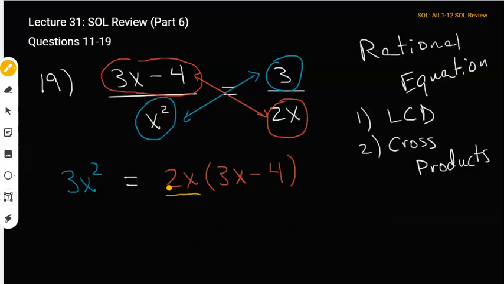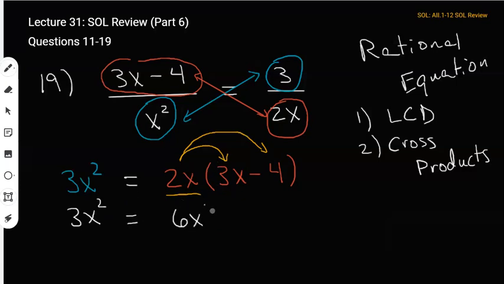What am I going to do with this 2x? I'm going to do the distributive property. 2x times 3x.